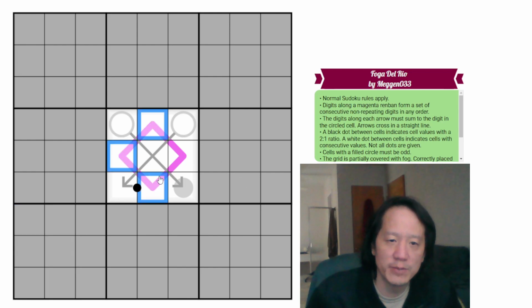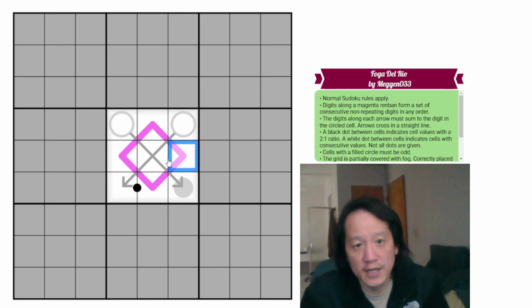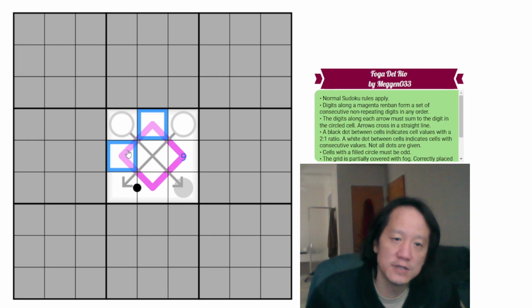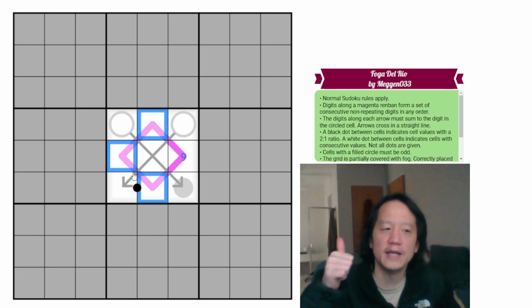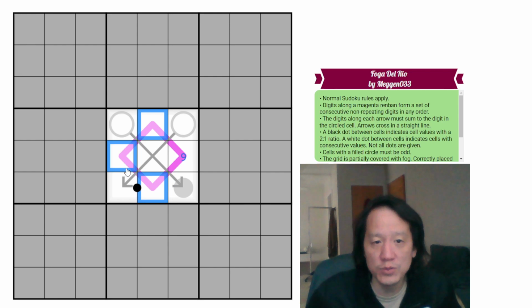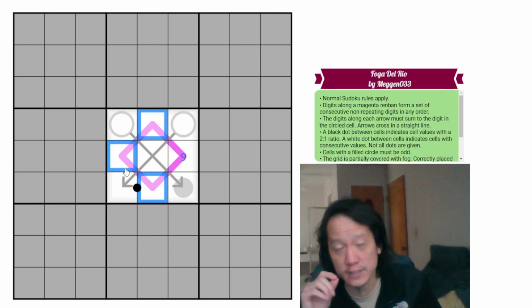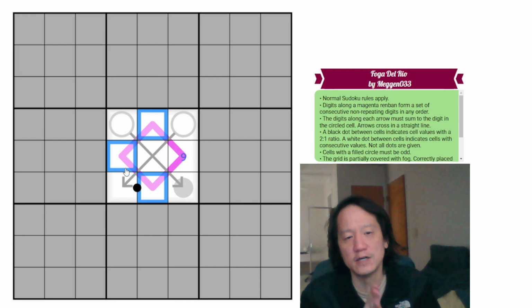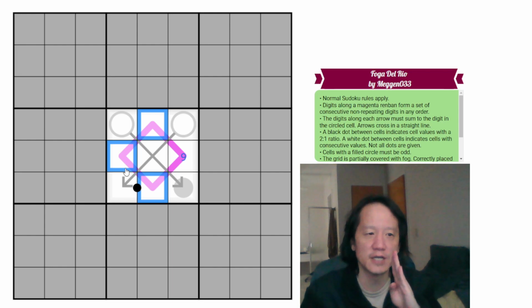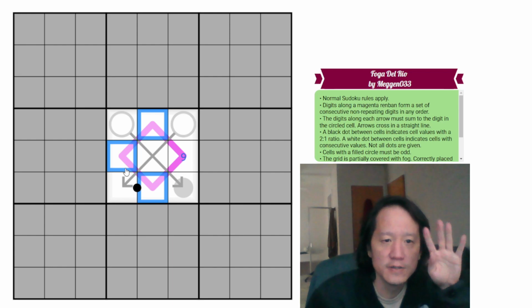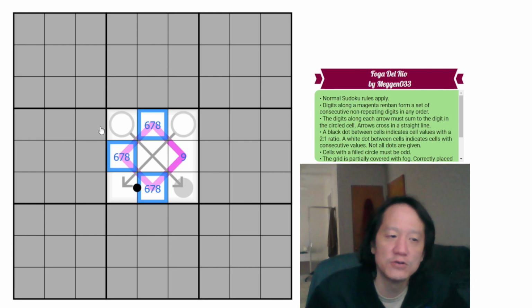So, for example, if you knew there was a 9 on one of these magenta cells, you would know the rest of the line would have to contain 8, 7, and 6, because that's the only set of 4 digits that can contain a continuous set of digits including 9. 6, 7, 8, and 9 is the only way you could have a continuous set of 4 digits with a 9. So you would have to have a 6, 7, or 8 also along that magenta line if you knew this digit was a 9.